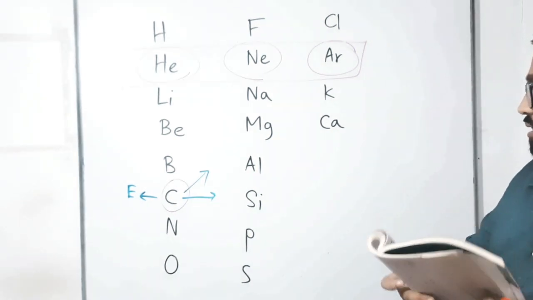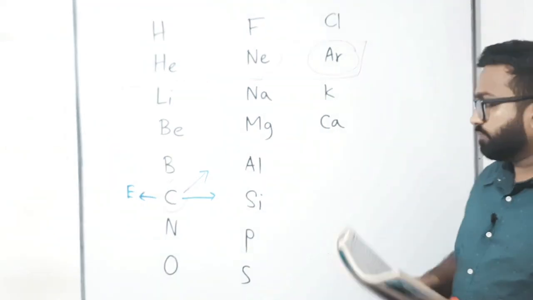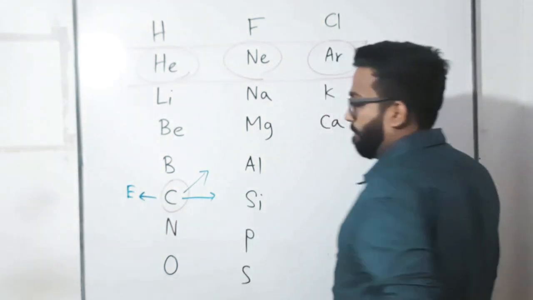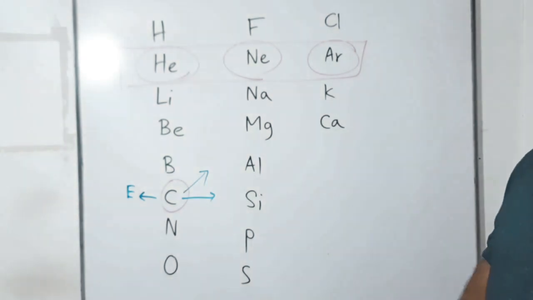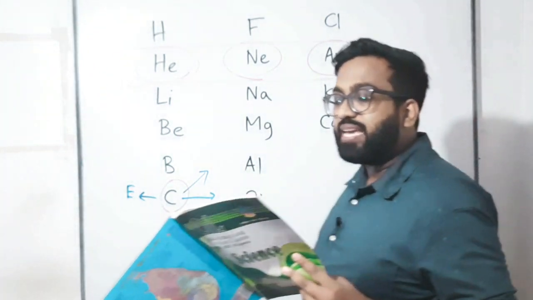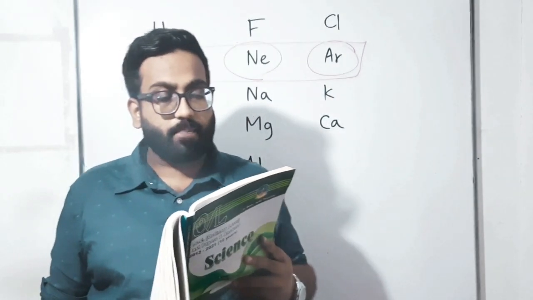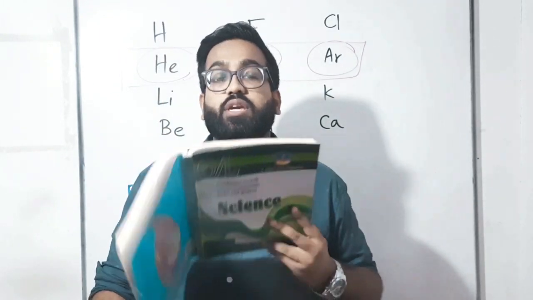Which element occurs as a noble gas at room temperature? Now children, see here. This is E, right? The letters start from A. A, E, G, J, L, M, N, Q, R, like that.